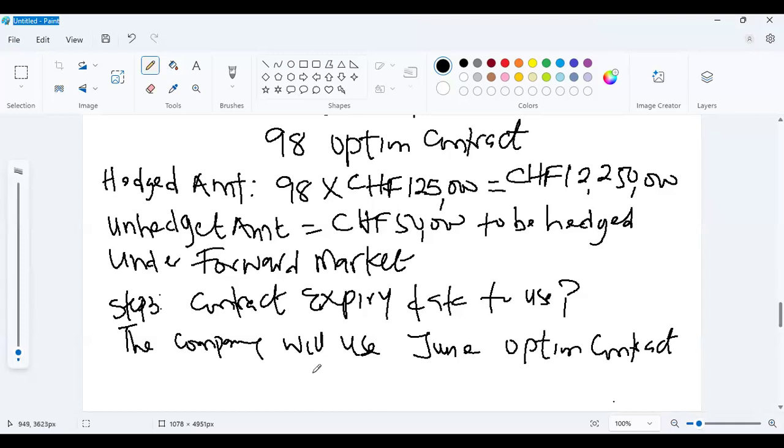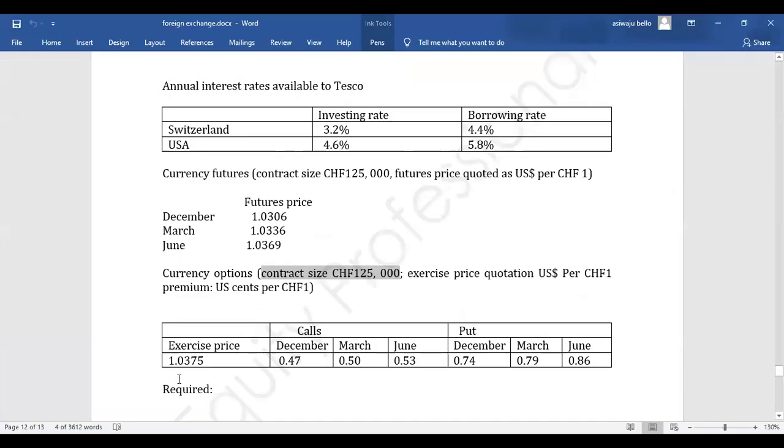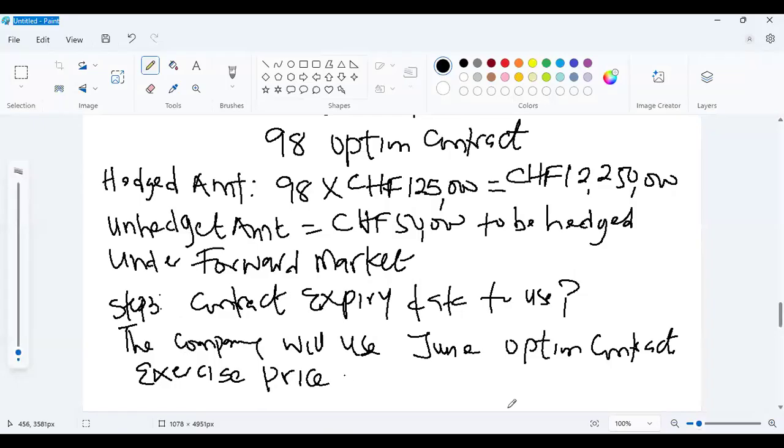Exercise price: we are given just one exercise price, 1.0375.